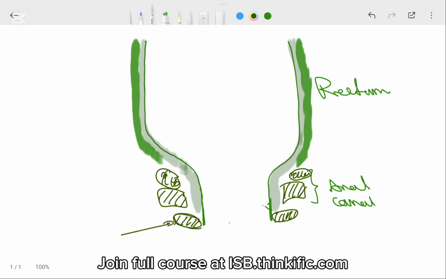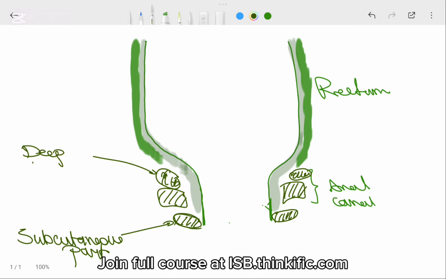This part, which is just under the skin, we call the subcutaneous part because it's just under the skin. The part which is deep, we call it deep part. No fun in that.